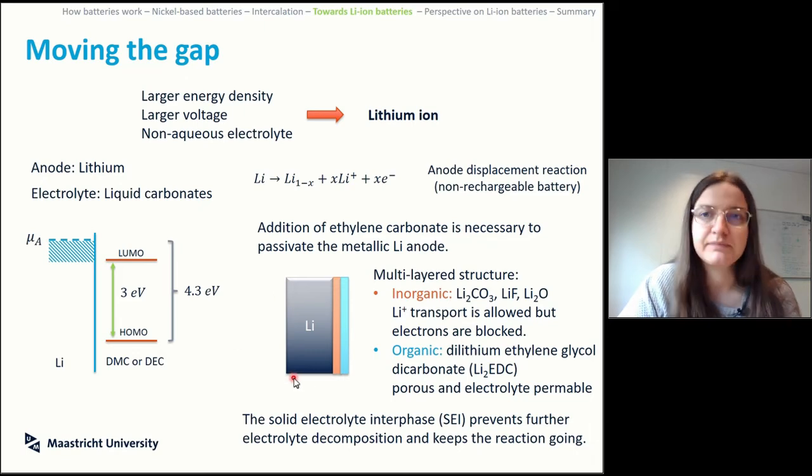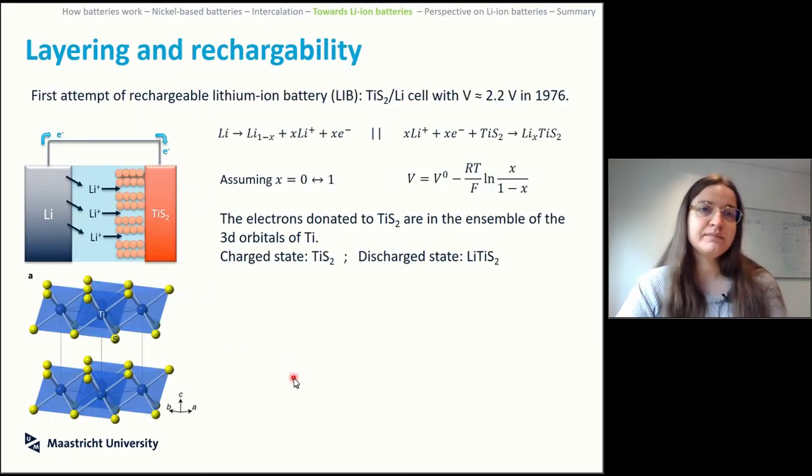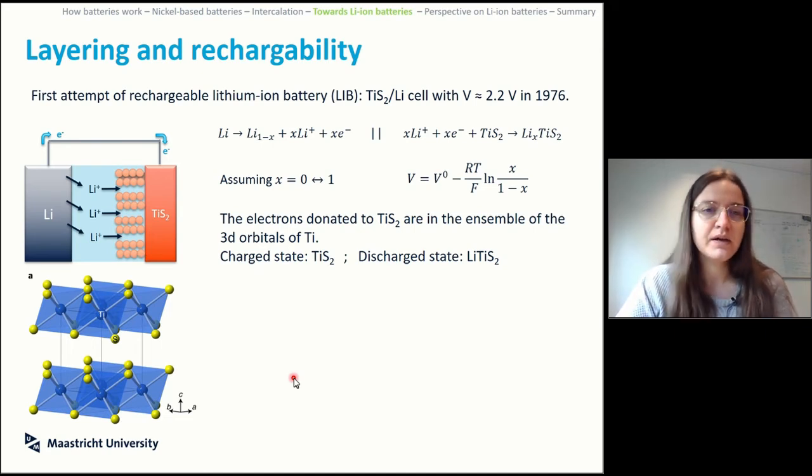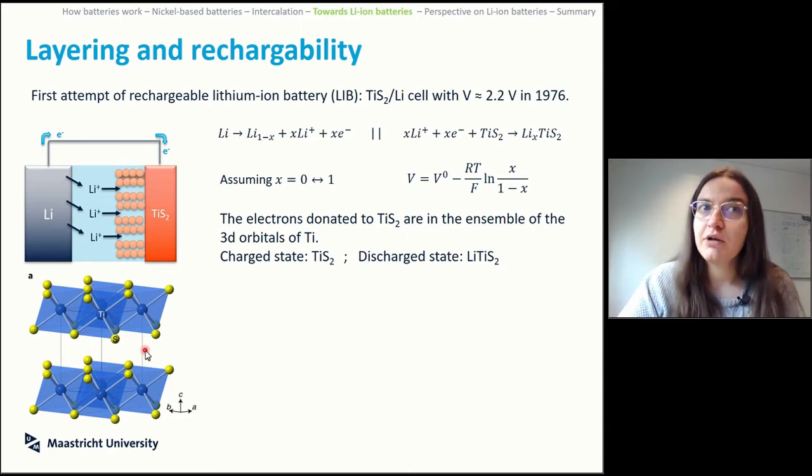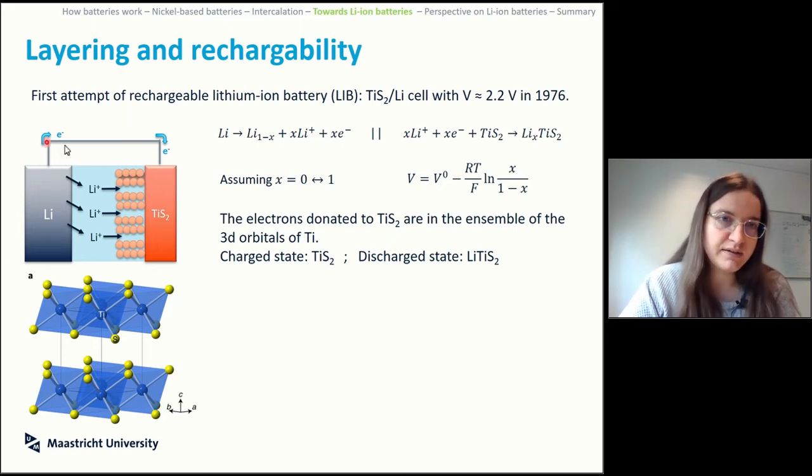a rechargeable battery. Now, the first attempt with a rechargeable battery has been done on the basis of that process of intercalation that we were discussing before. Since lithium is very tiny, it is very well suited to enter this sort of layer structure in between the layers. So in the first attempt at a rechargeable lithium-ion battery, you will have on one side the lithium, fair enough, and on the other side this titanium sulfide.